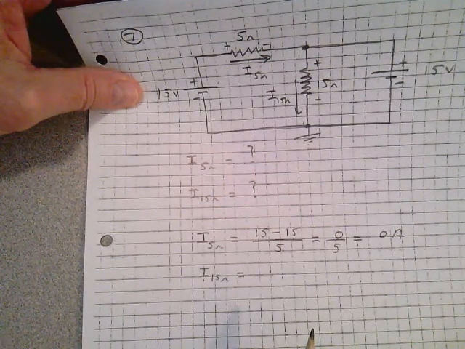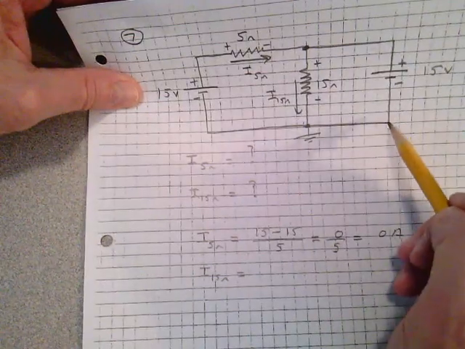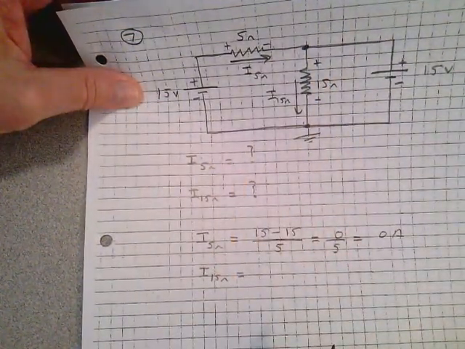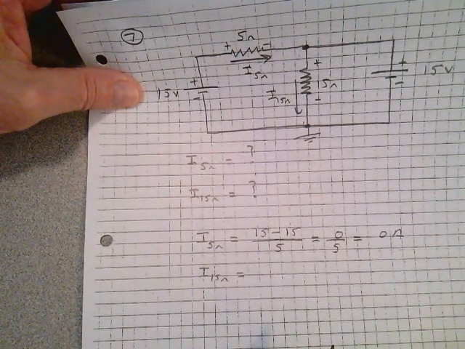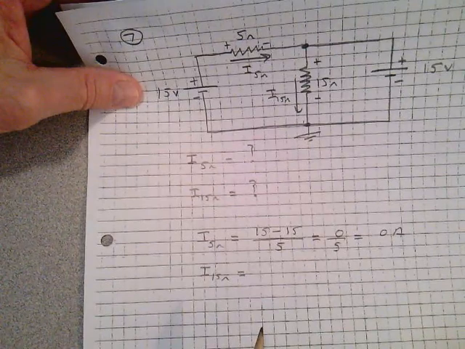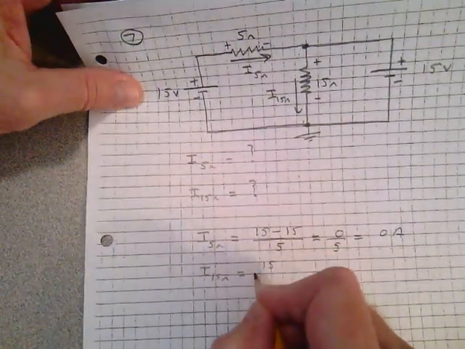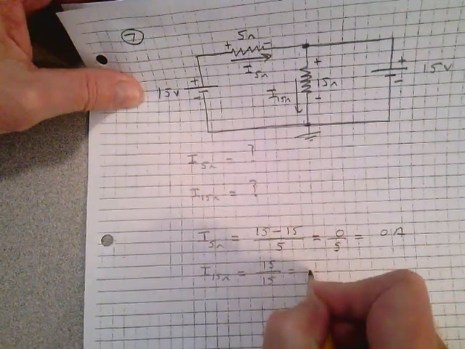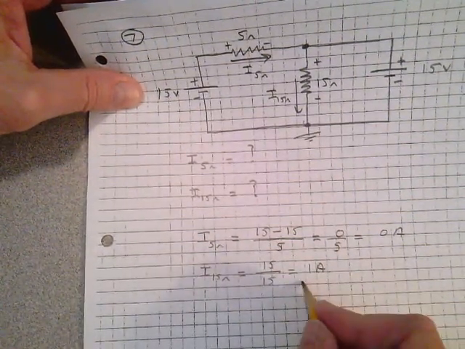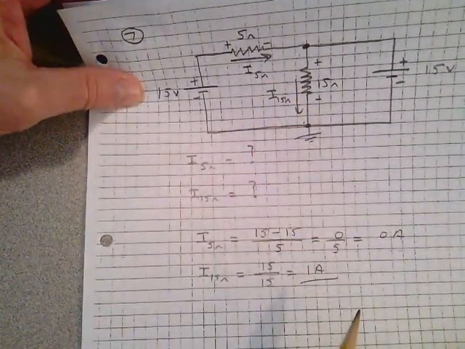Do you see that? This is telling you that there's 15 volts across that 15 ohms. This has no effect on that. So, 15 volts across 15 ohms is 1 ampere. The current through the 15 ohm resistor is 1 amp.